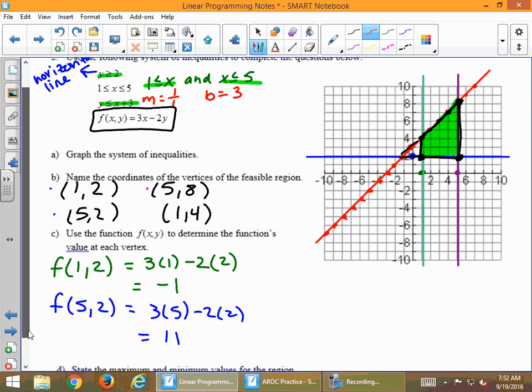We're going to plug in 5 for x and 8 for y. What do you get? What is it?